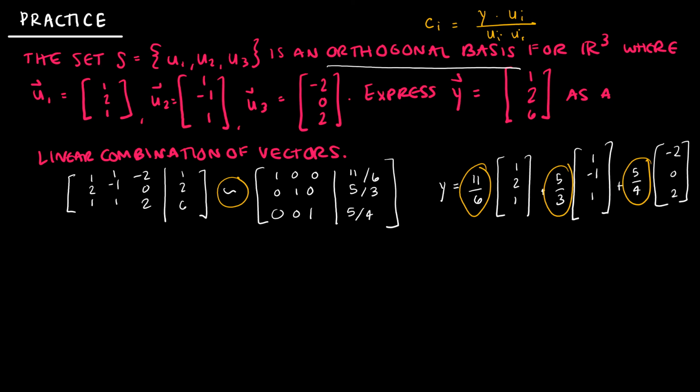So let's take a look at what we're talking about here. Again, I already know the answers are 11 sixths, 5 thirds, and 5 fourths, but let's go ahead and compute them now using our handy new formula.